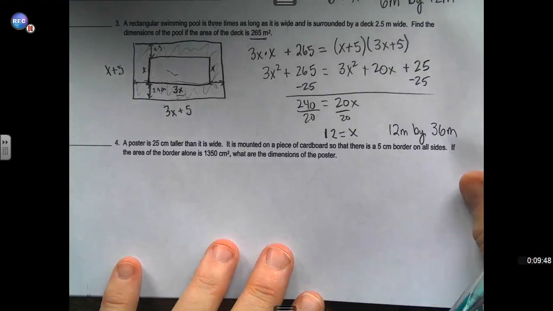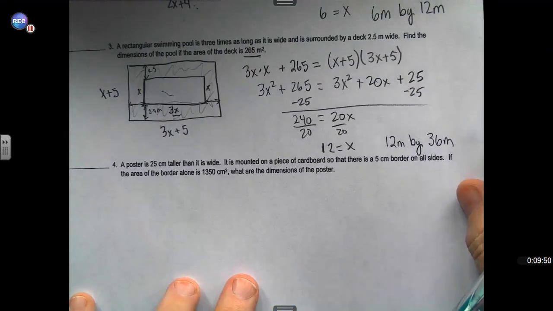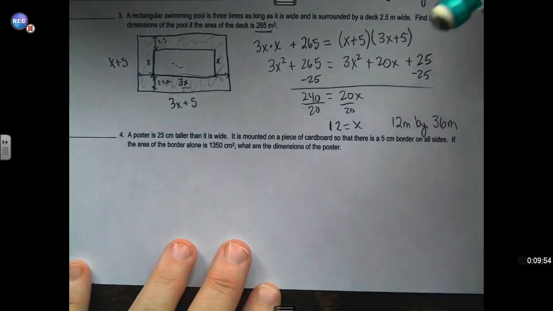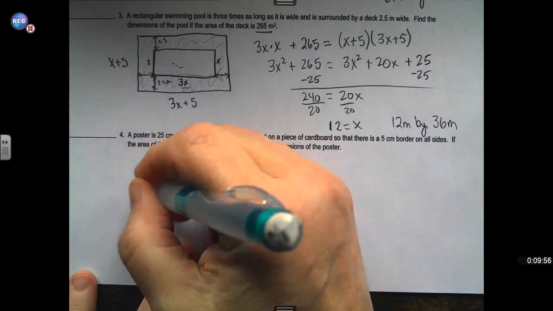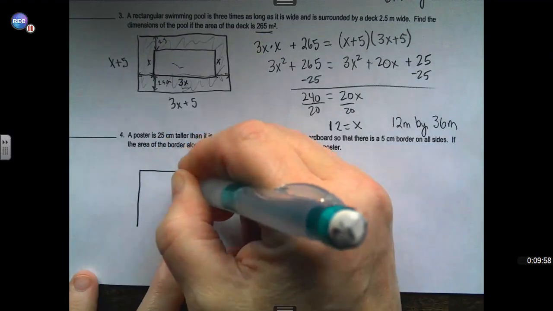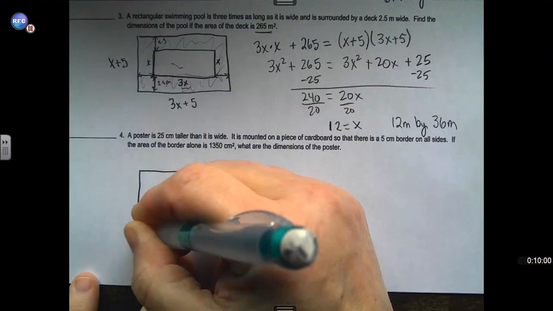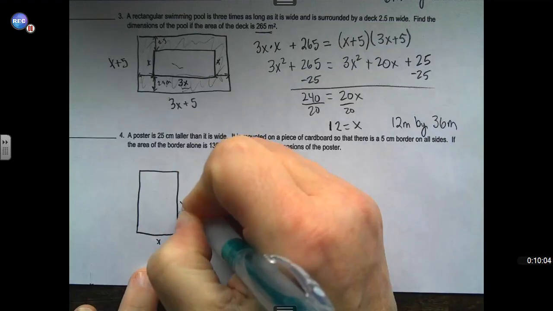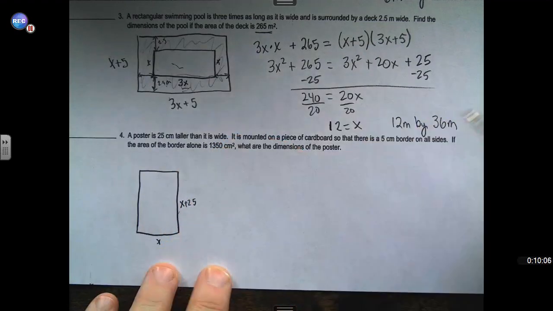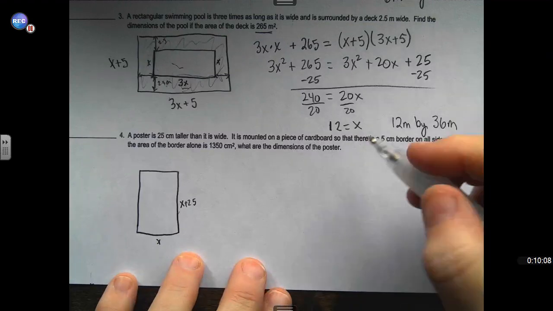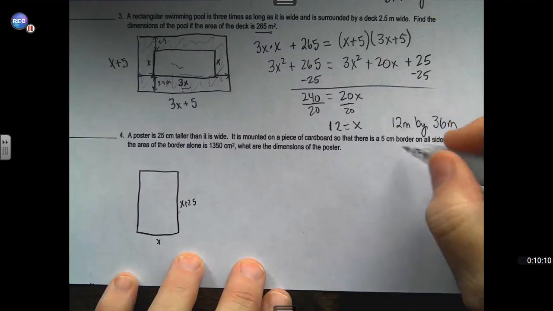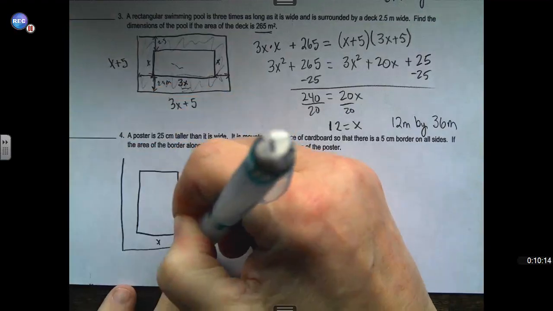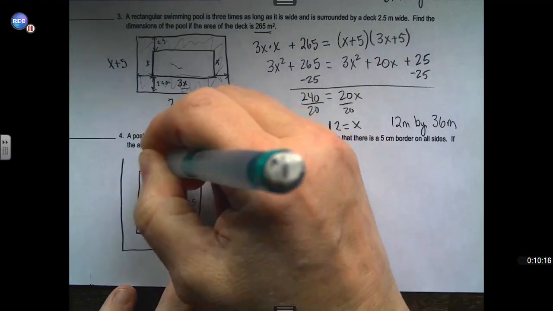We have a poster that is 25 centimeters taller than it is wide. So again, I like to draw a picture. It's 25 centimeters taller. So if this is x, this would be x plus 25. It's mounted on a piece of cardboard so that there's a 5 centimeter border on all sides. Oops, that's really crooked.